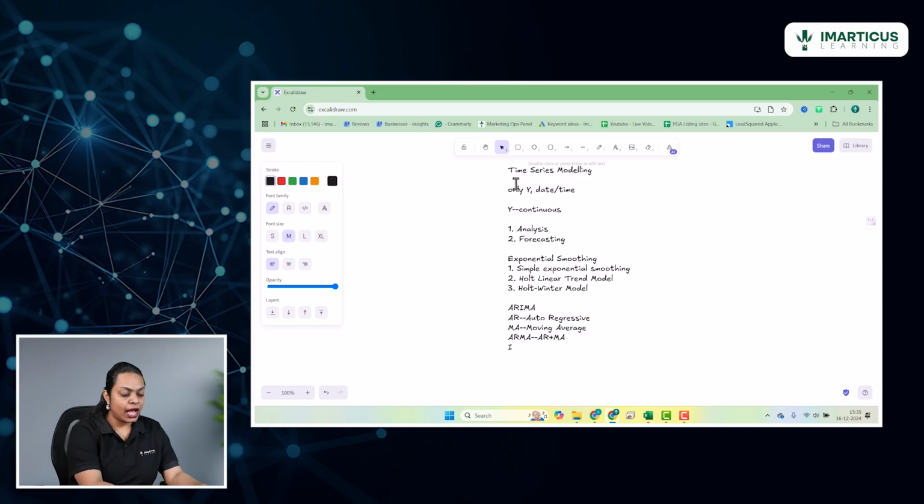You also have the I part here, which stands for integrated, which is not really a model, but it allows you to handle one assumption that the ARIMA model is based upon, which is related to the assumption of equal, constant variance and mean across the data.